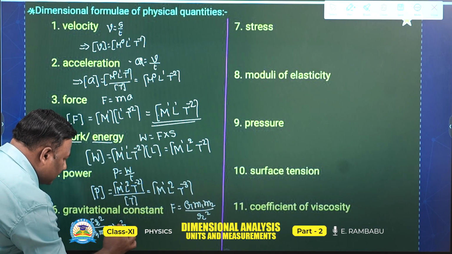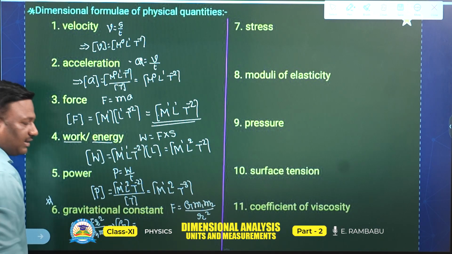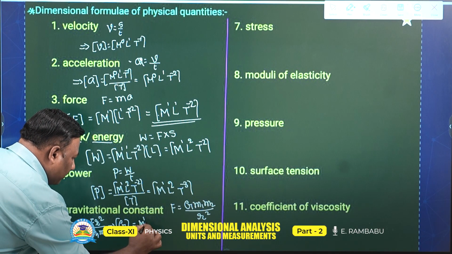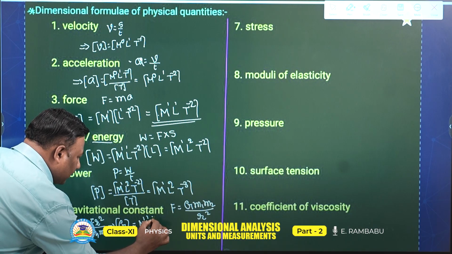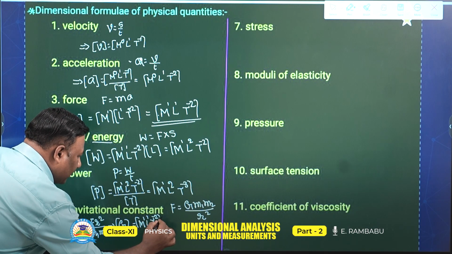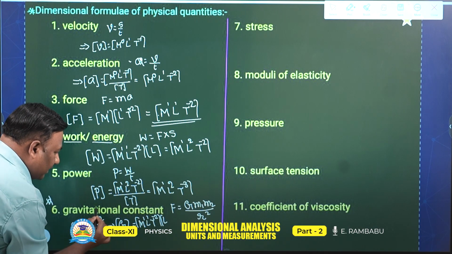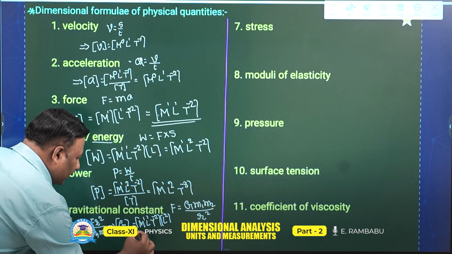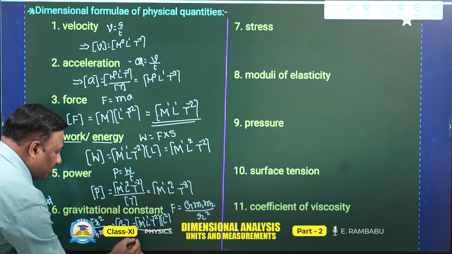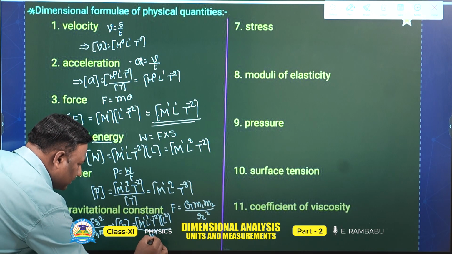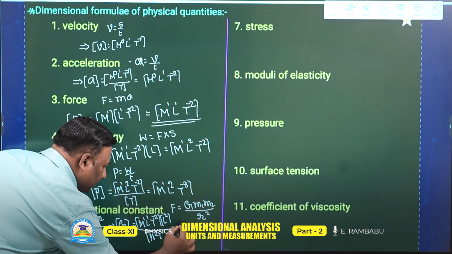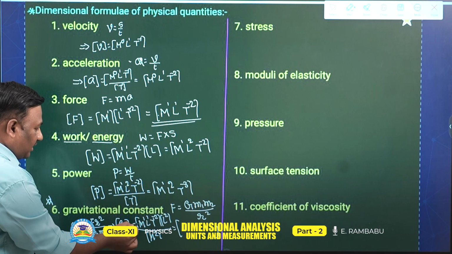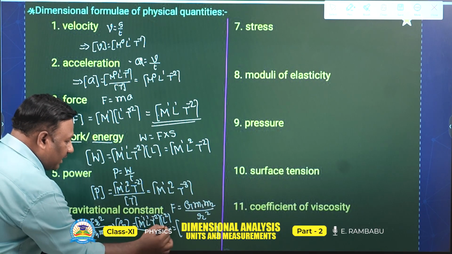Now by using this we are going to write the dimensional formula, that is force dimensional formula M to the power 1, L to the power 1, T to the power minus 2, and length dimensional formula L, but here length square is there, so L square, divided by mass dimensional formula M. There are two masses, so it is M square. So finally the dimensional formula of the universal gravitational constant is M to the power 1 divided by M to the power 2.